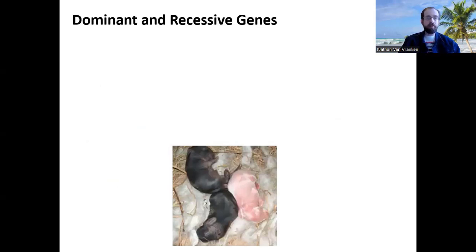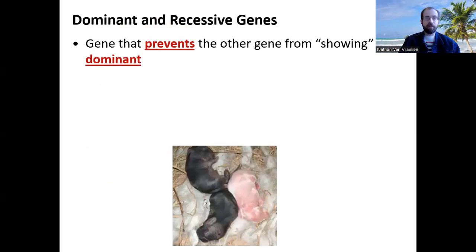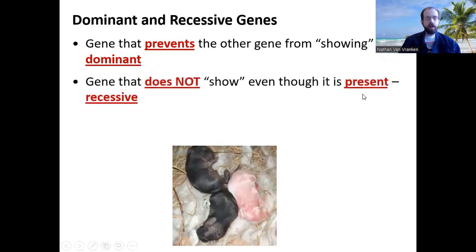When we take a look at genes, we're going to be using dominant and recessive genes. A gene that prevents another gene from showing, we're going to call dominant in this case. A gene that is present but does not show will be considered recessive.